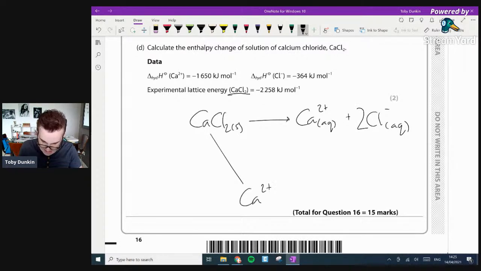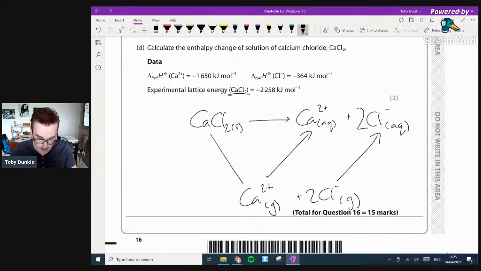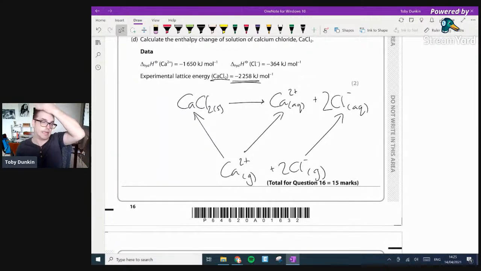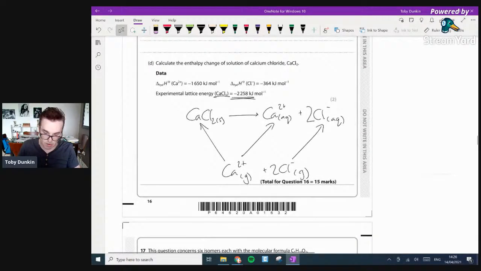Now we go to gases, Ca2+ gas, plus 2Cl minus gas, and now you go to hydration enthalpies, which are gaseous to aqueous, and they gave us a negative value, which means it is being formed, so it's going up. That's the cycle that I teach. I actually teach it in a silver nitrate setting usually, or a sodium chloride setting. I just say learn this cycle and be able to adapt it to what fits.